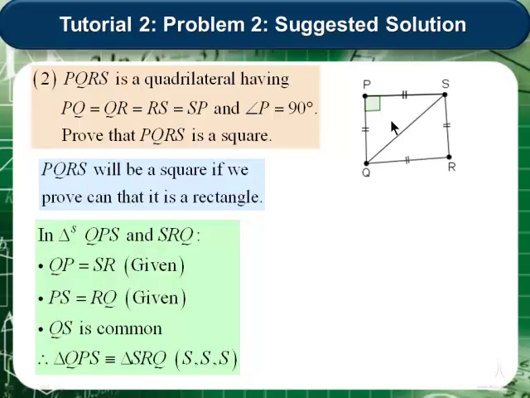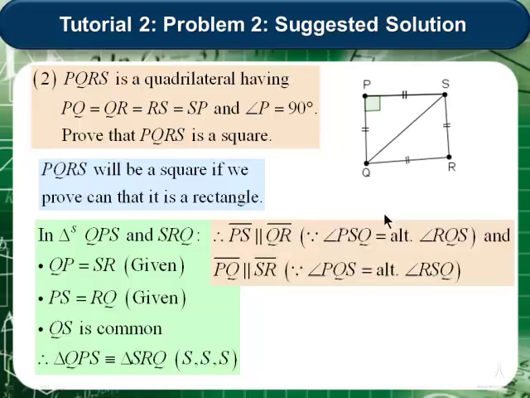So what do we do? We consider these two triangles, and what do we know? We know that QP is equal to SR, that's given. PS is equal to QR, given, and QS is common. Therefore the two triangles must be congruent, because three sides of the one are equal to three sides of the other one.